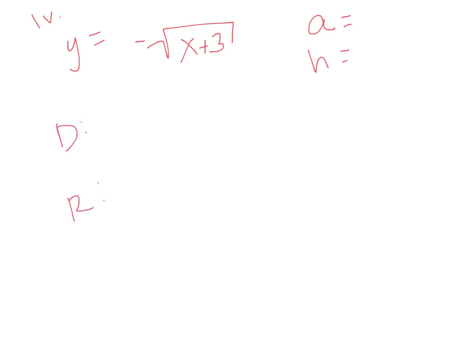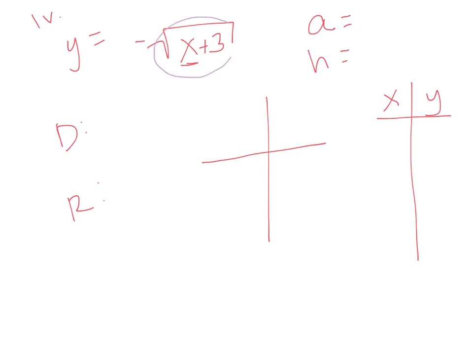What you're going to need to do first is graph this. And in order to graph this, you need to make a quick table. I've given you a little bit of space on the side there. So x and y. And again, I would specifically choose values for x so that whatever's inside this radical sign, you're going to be able to take the square root of really easily.